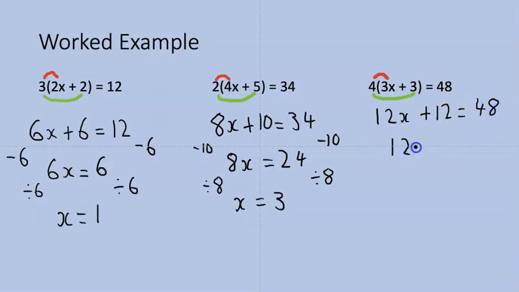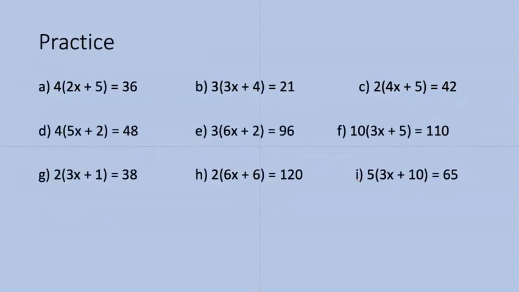So 12x, because I'm going to take away 12 from both sides, gives me 36. And then divide by 12 on both sides, because 12 is next to the x. x is 3. So have a go at these ones yourself, guys, and pause the video now.